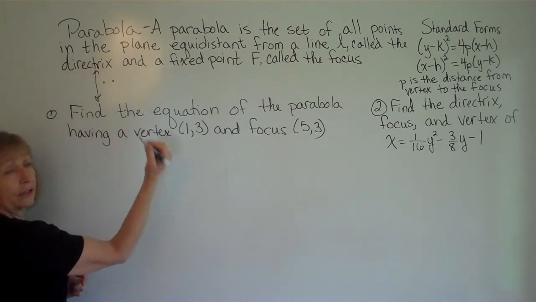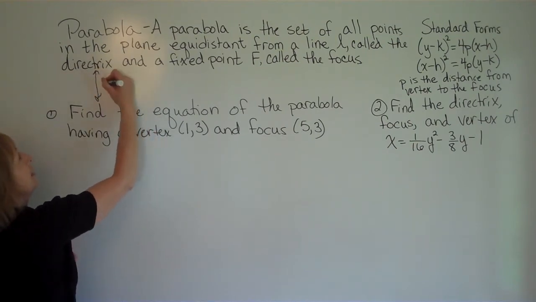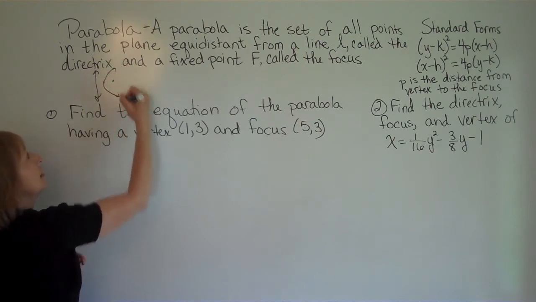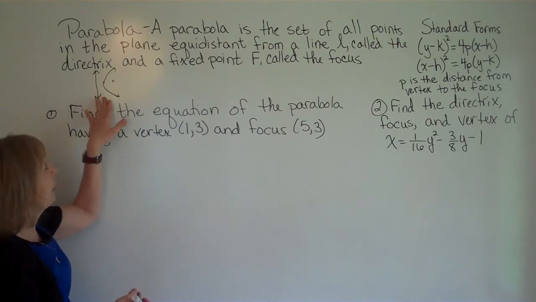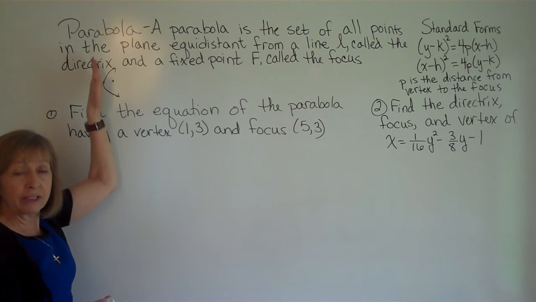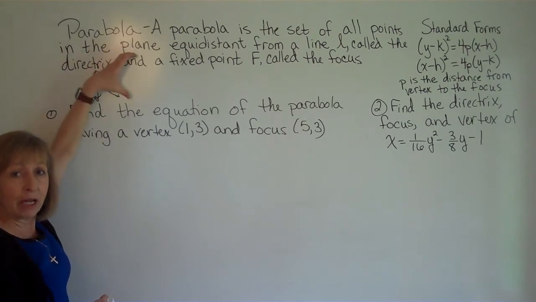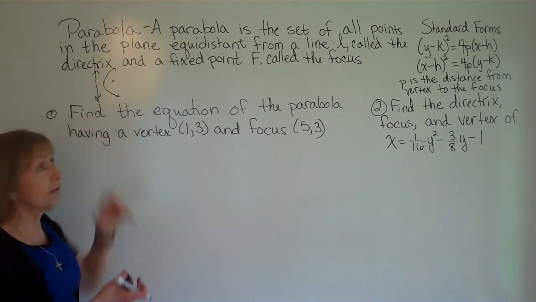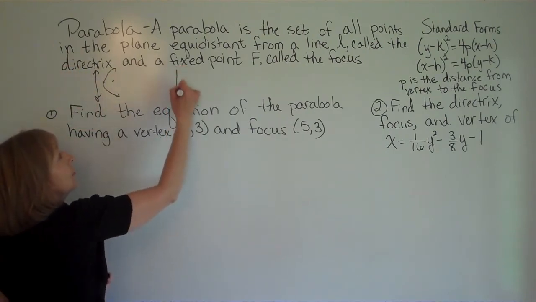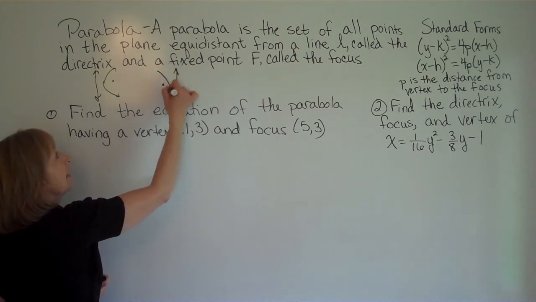So like here, and then if I do equal distances, you get that the parabola always curves around the focus and away from the directrix. So if my directrix is vertical, then my parabola is either going to open to the right or open to the left, depending on what side of the directrix your focus is on.